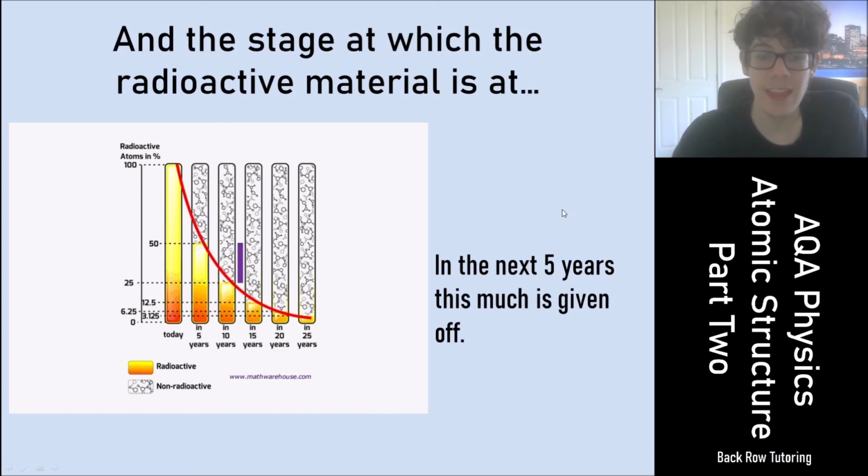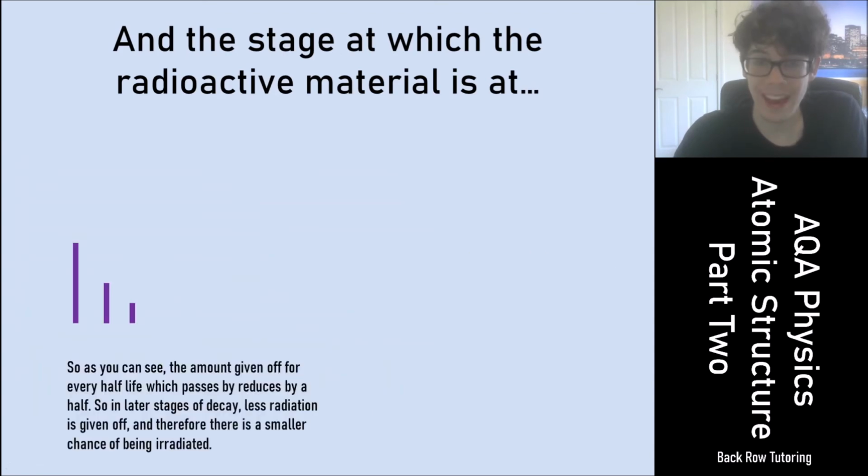But then, in the next half-life period, less is given off, then less, and then less. So if you take these sort of bars and put them together, you can see the amount given off for every half-life which passes by reduces by a half. So in later stages of decay, far away from now, less radiation is given off, and therefore there is a smaller chance of being irradiated. So the longer you leave it before you expose yourself to radiation, the safer it is.